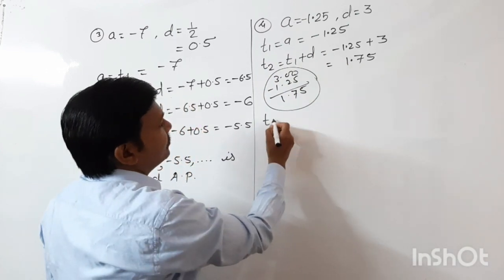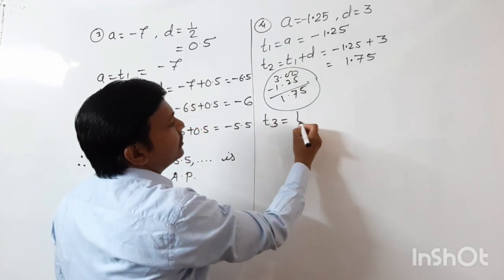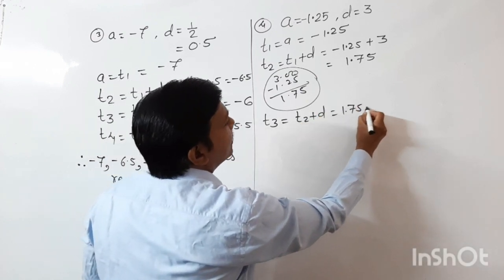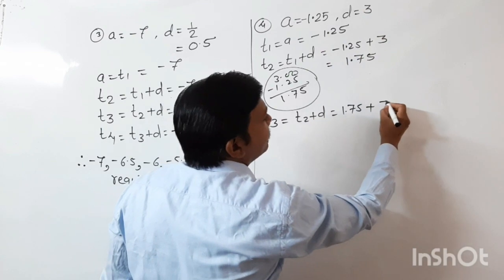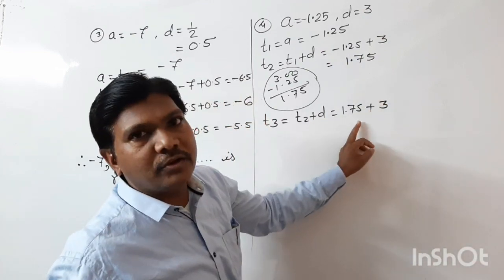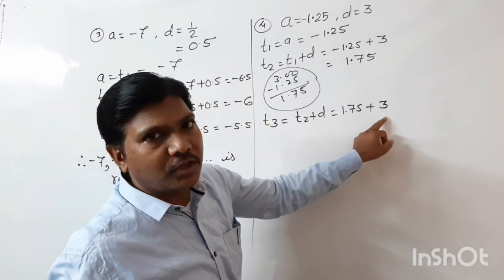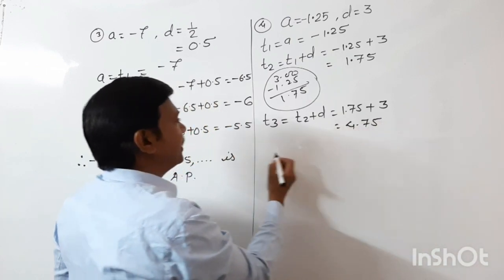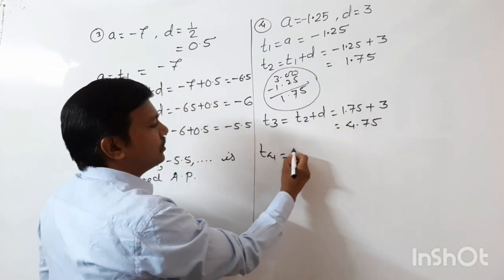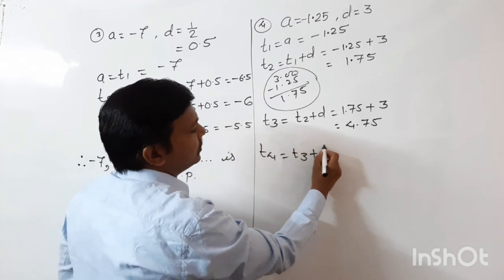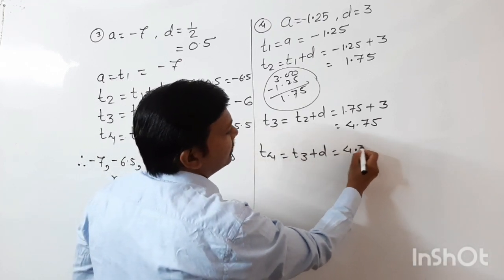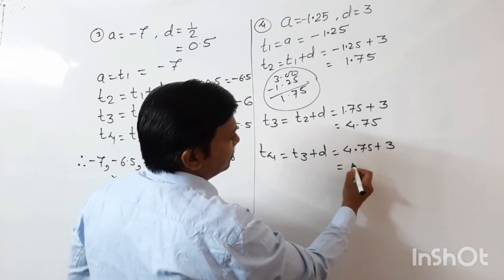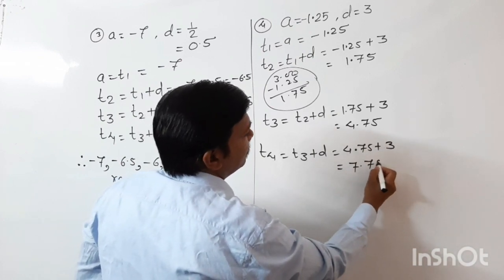And then find the next, T3, that is T2 plus D, means 1.75 plus the common difference D. So 1.75 plus 3, that is 4.75. And then T4 equals T3 plus D, means 4.75 plus 3, that is 7.75.